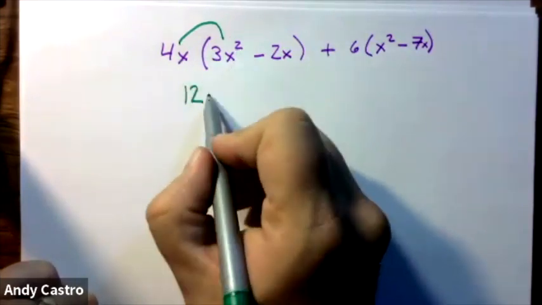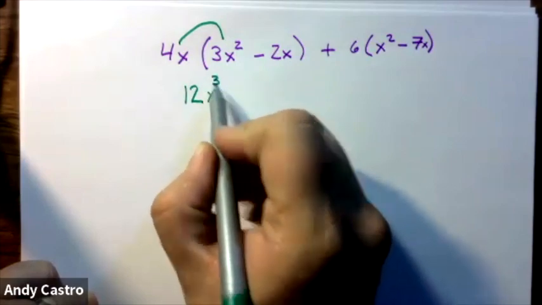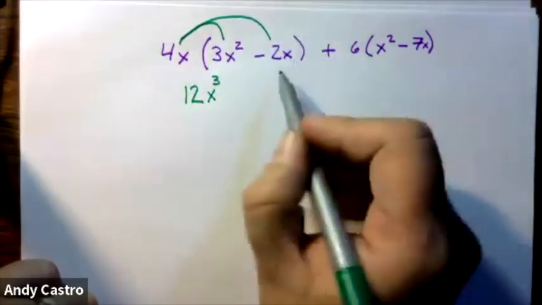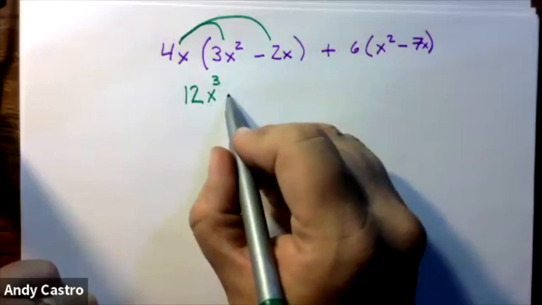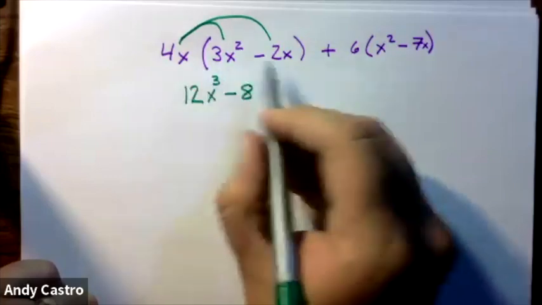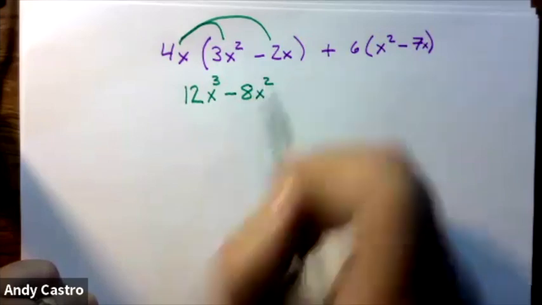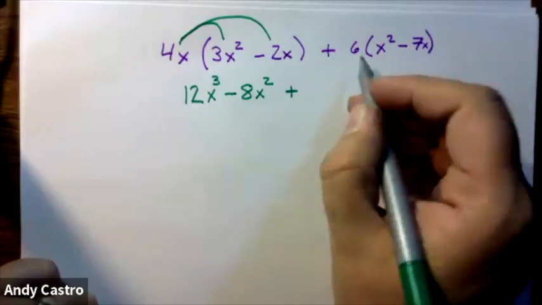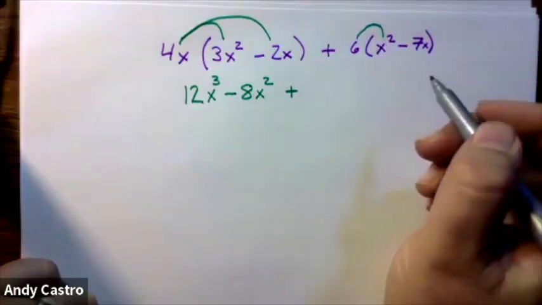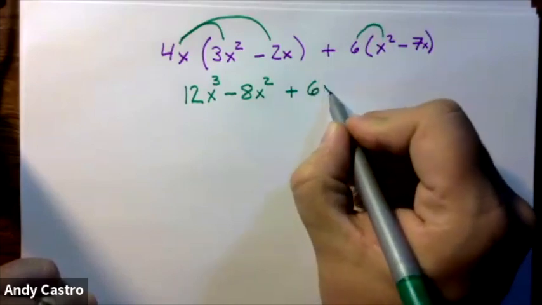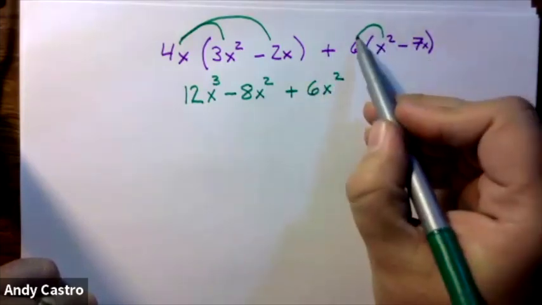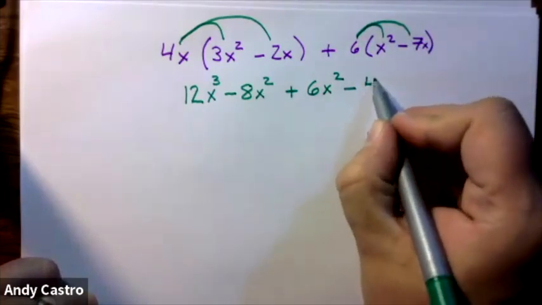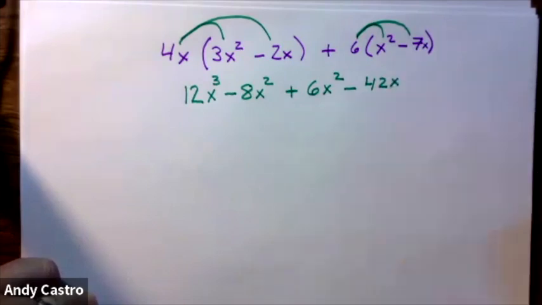X times x squared is x to the third, or x cubed. 4x times negative 2x. 4 times negative 2 is negative 8. X times x is x squared. Got a plus here. 6 times x squared is 6x squared. 6 times negative 7x is negative 42x.